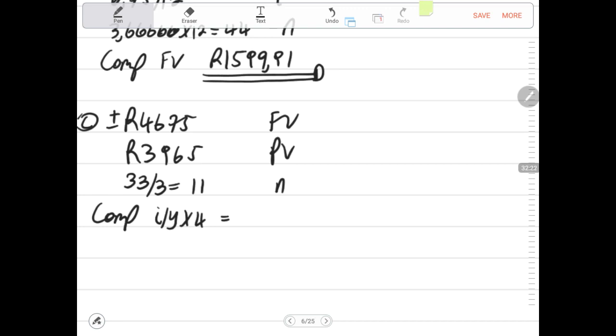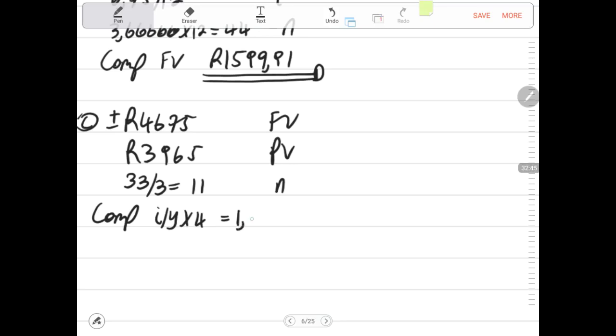Then, don't forget, second function alpha 0, 0. Then we say plus minus 4,675 is our future value. 3,965 is our present value. 33 divided by 3 is our N. Then we say compute interest, meaning compute I/Y.